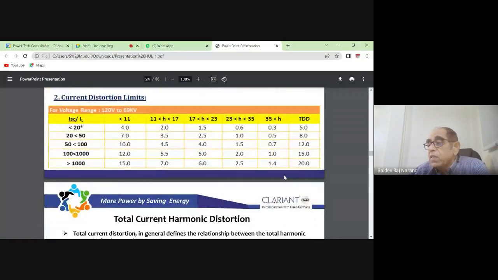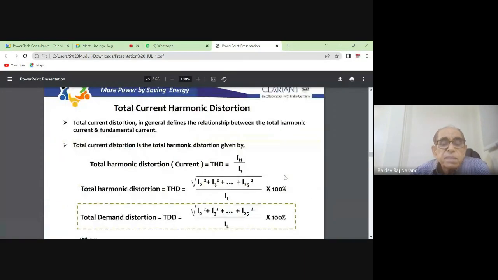So let's go to the next one. This is just a calculation of how the THD value is IH by I1, the fundamental. THD can be calculated like this: harmonics I2, I3, I4, all squared, then the square root, taken into 100.